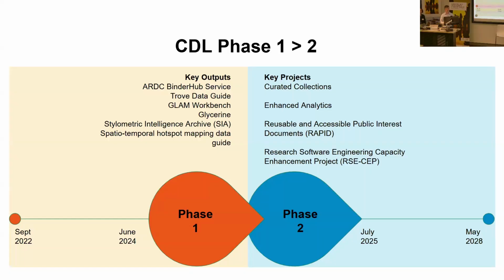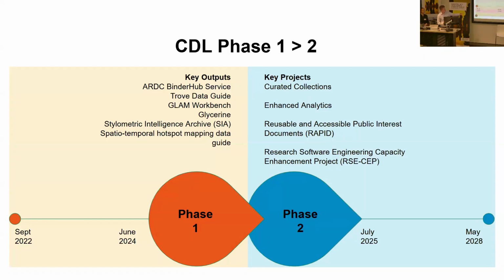Next, a platform to make public interest documents, such as federal Hansards and public inquiries, more accessible, reusable, and impactful for research. And finally, a project to develop recommended patterns and practices in HASS software engineering, improving the capability of research software engineers and enabling greater technical collaboration.